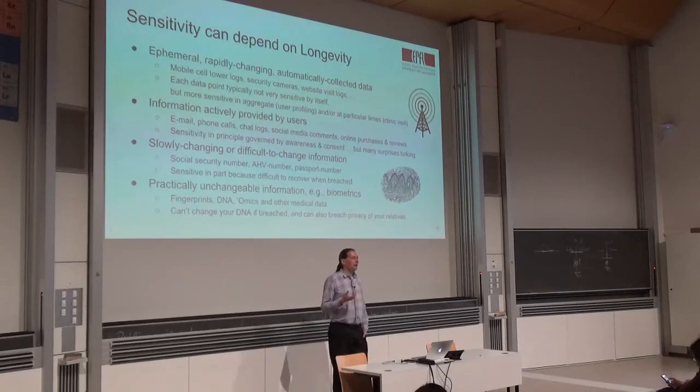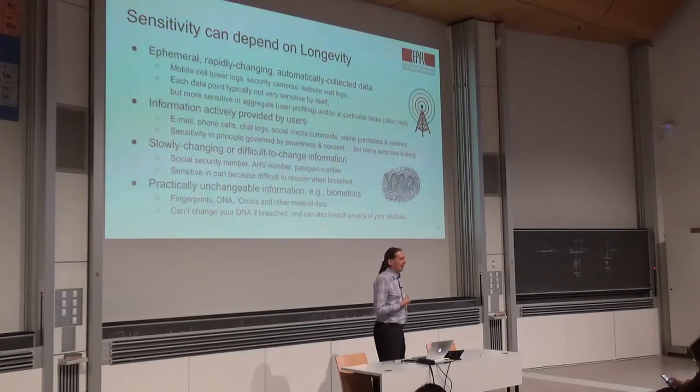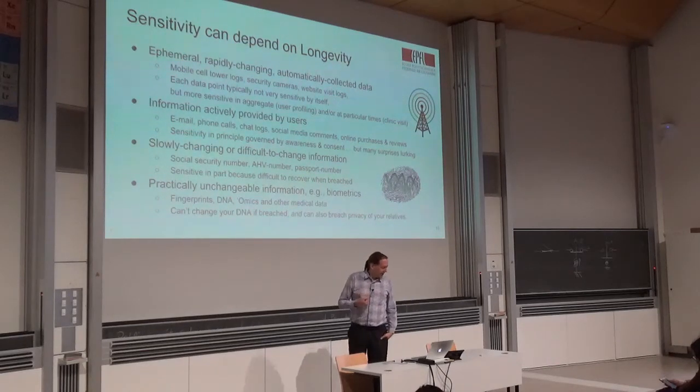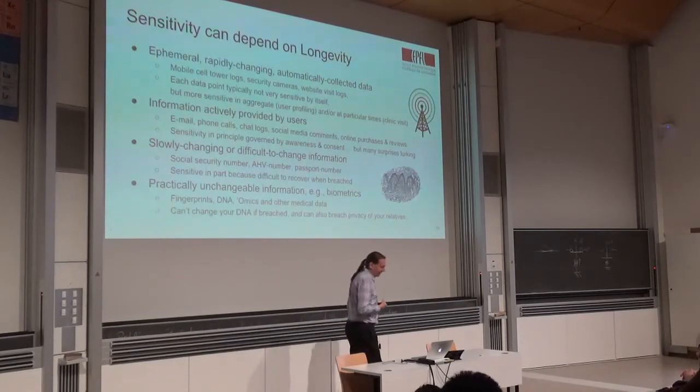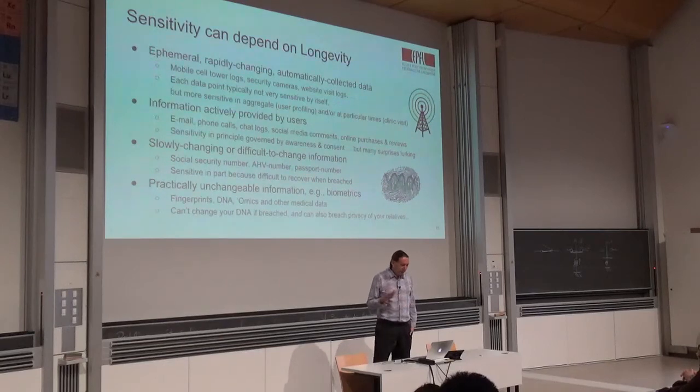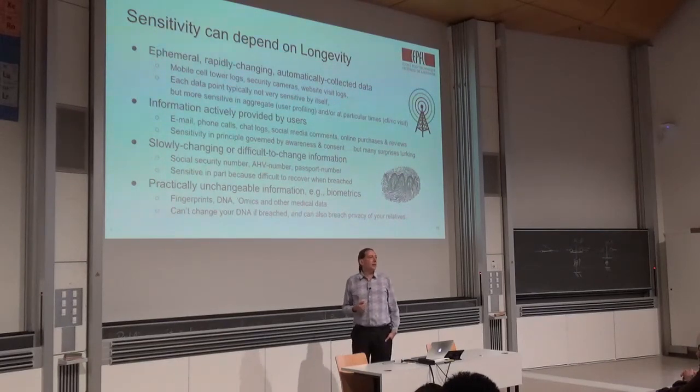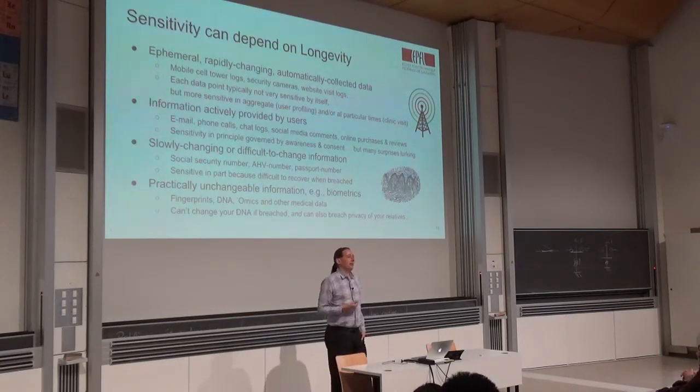Another factor is how difficult it is to change, right? So things like a social security number or passport number are quite a pain to change, actually. But even worse in some respects is biometric information, like your fingerprint.